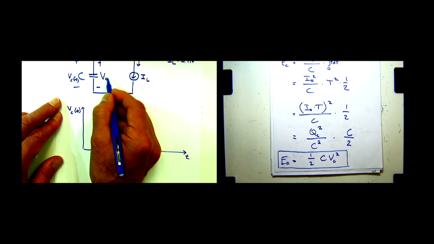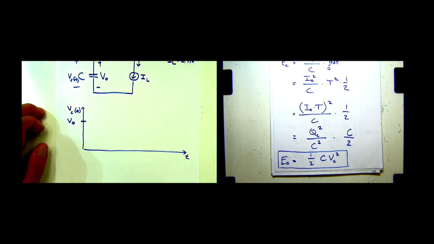So it starts at V0, and then it's going to decrease over time. Well, why is it going to decrease? Well, because we're pulling current out of our capacitor, and the more current we pull out, the slope is going to be steeper. And the more capacitance we have, the slope is going to be less.